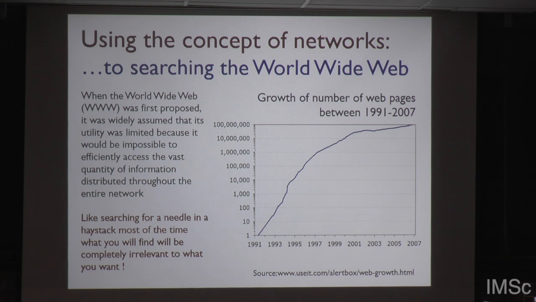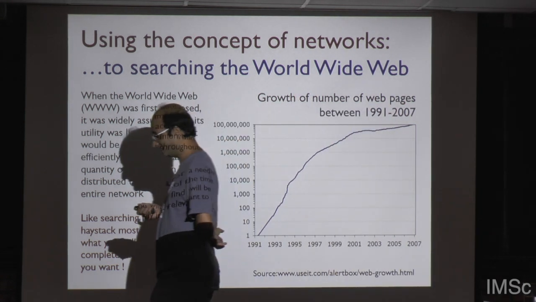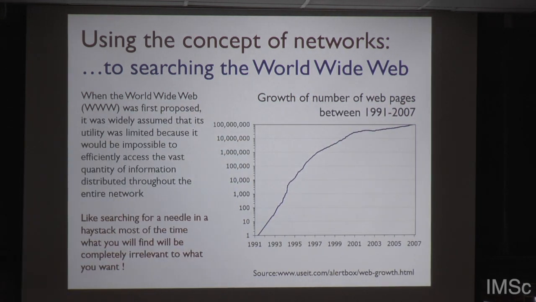Okay? So it's told that when the World Wide Web was developed by Berners-Lee and others, they were doubtful about its usefulness because one problem that they could not figure out how to solve was, how do you find a piece of information among the huge number of pages that essentially constitutes the web?